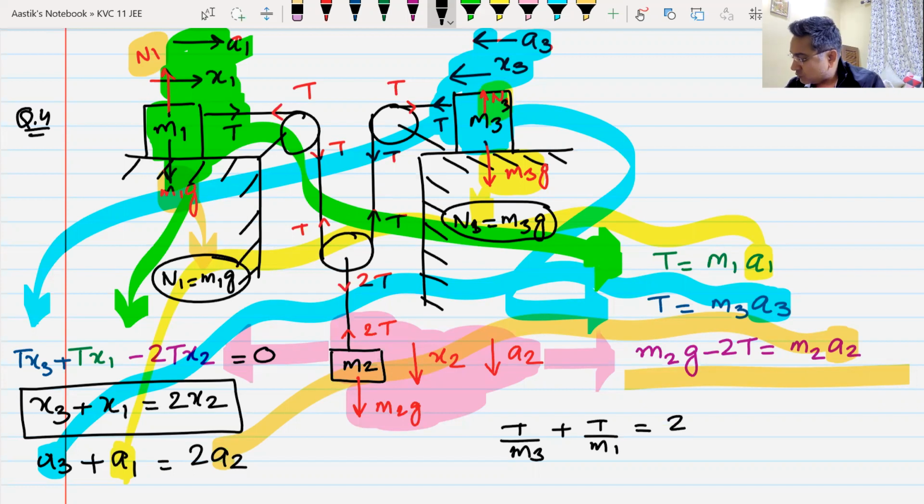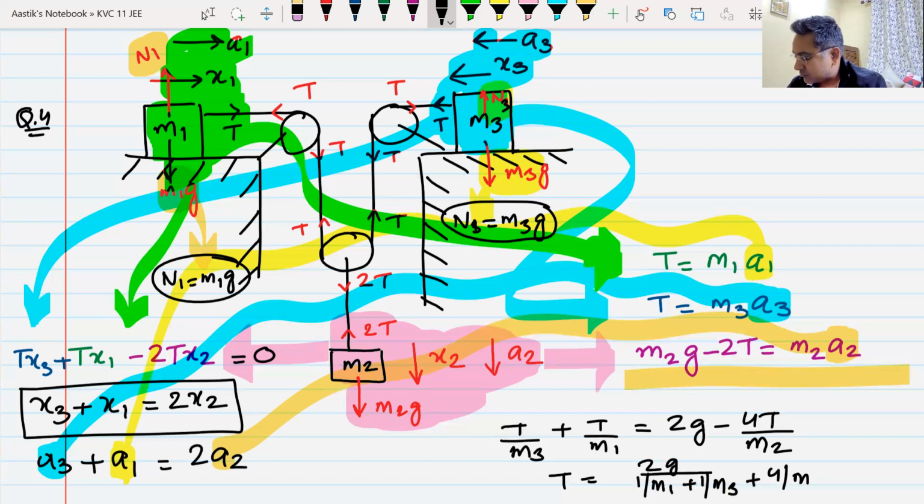So it will be 2G minus 4T by M2. And then I will transpose it in my head and give you the value of T very fast. I will tell you that T is 4G upon 1 by M1 plus 1 by M3 plus 4 by M2. See, I did it in less than 10 seconds.